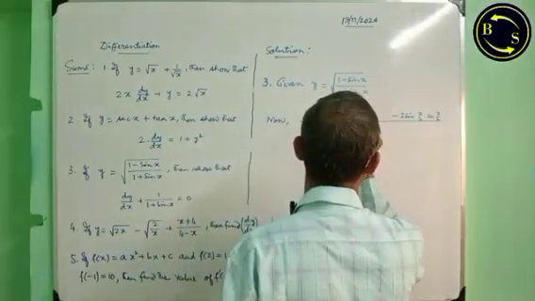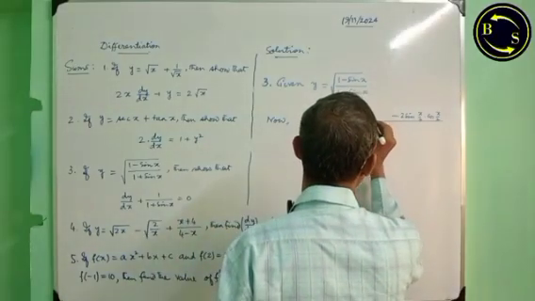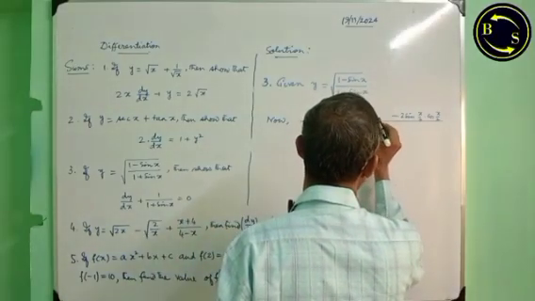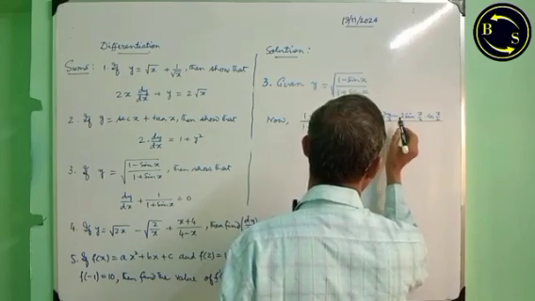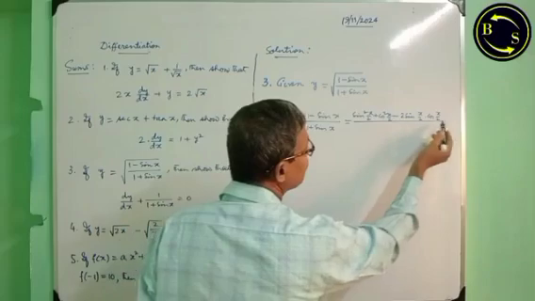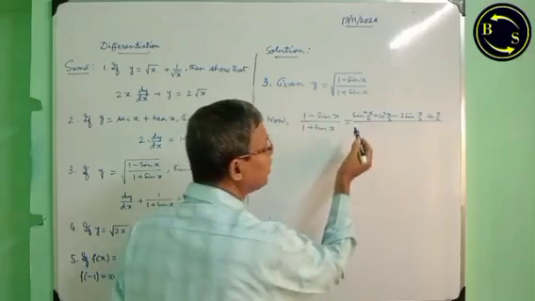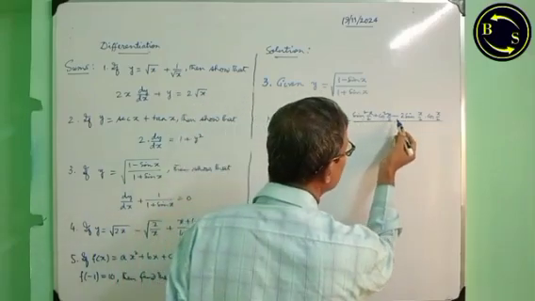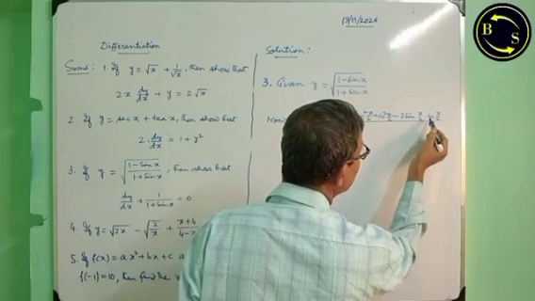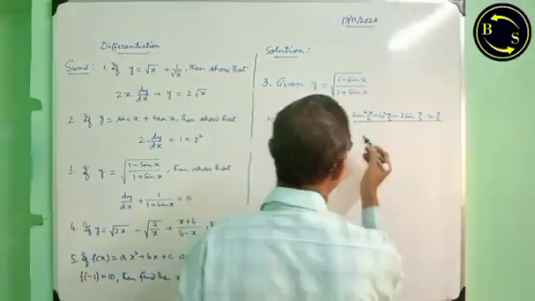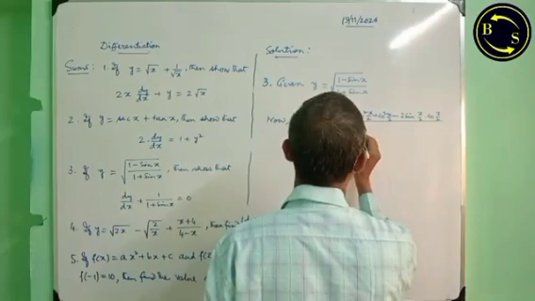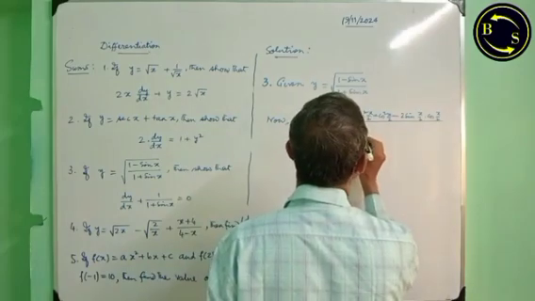I write that. Therefore, the numerator becomes sin square x by 2 plus cos square x by 2 minus 2 sin x by 2 into cos x by 2, which is a perfect square. Now I write the denominator also in that way.